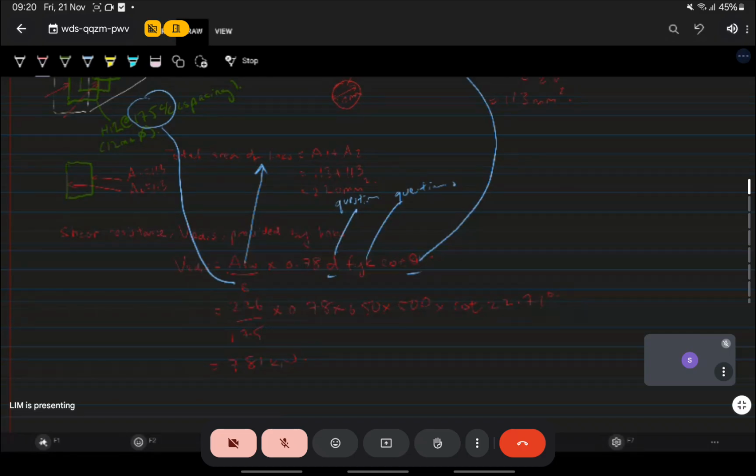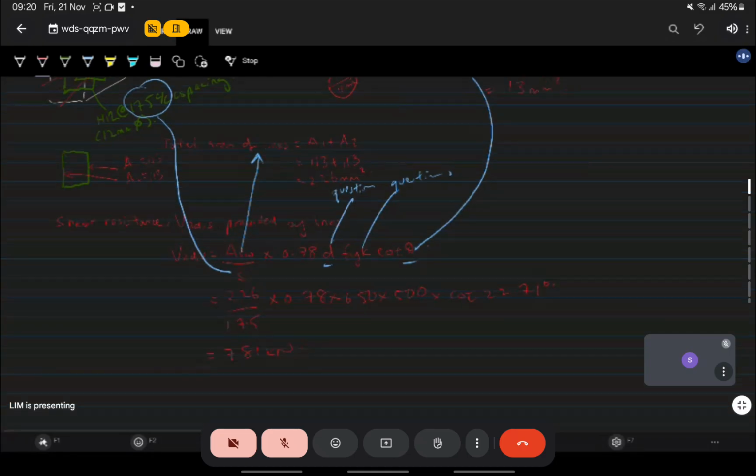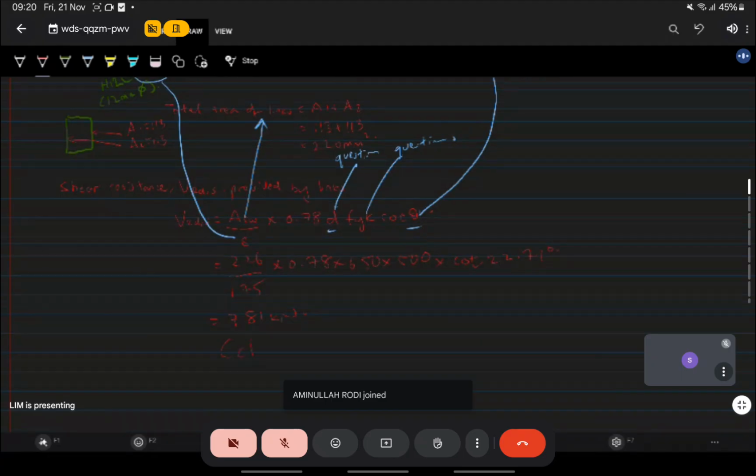For this one, you need to check against the load. This is your strength, your beam's reinforcement strength. So now you have to check against the load, which is VED. VED is the shear force at a distance D from the support.